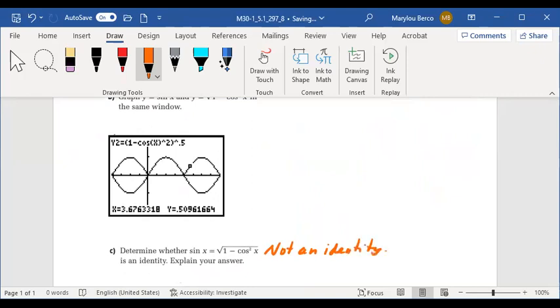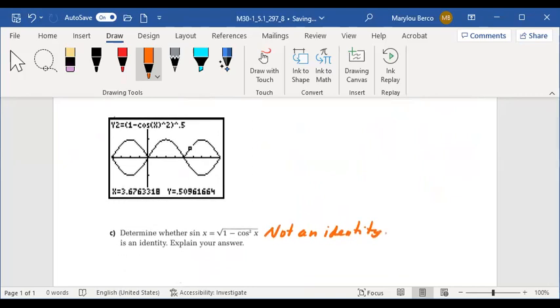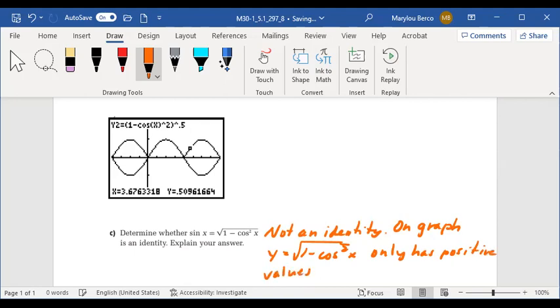So as the graph shows above, y equals root 1 minus cos squared x only has positive values in its range.